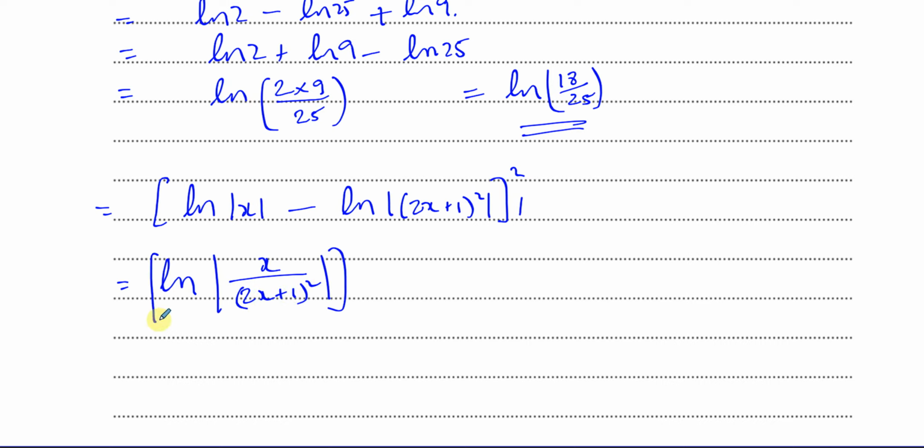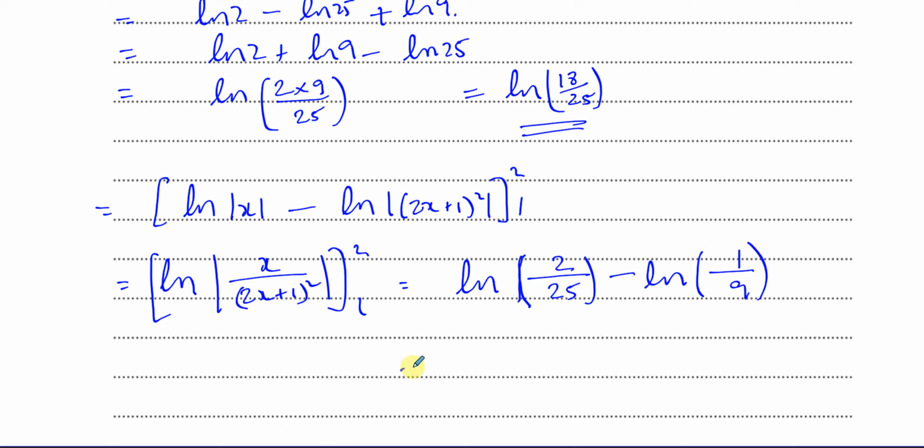And now we can put the values of 2 and 1 in. So we end up with the ln of, and have 2 times x, 2 in place of the x, that's 2 over, and 2 in place of the 2, that's going to be 5 squared, which is 25. So the ln of 2 over 25 minus the ln of, and you're going to put 1 over, and this is going to be 2 times 1, which is 2, plus 1 is 3. 3 squared is 9.